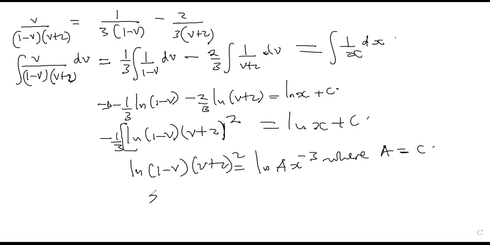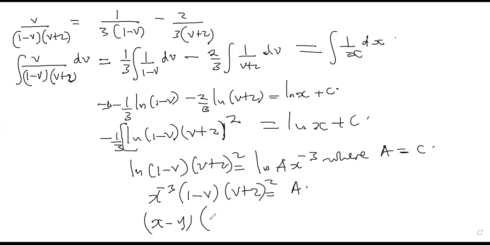Ln a x power negative 3, implying that x power negative 3 times (1 minus v) times (v plus 2) squared is the same as a. So this one will bring you to (x minus y), then you have to substitute for v, then (y plus 2x) squared is equal to a.